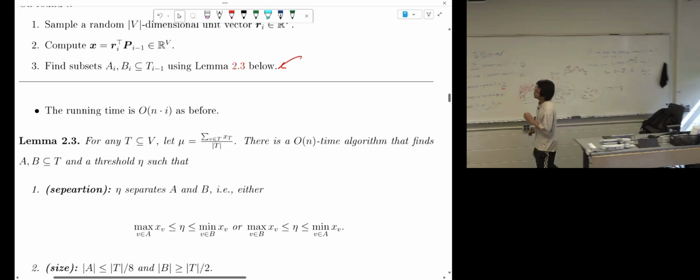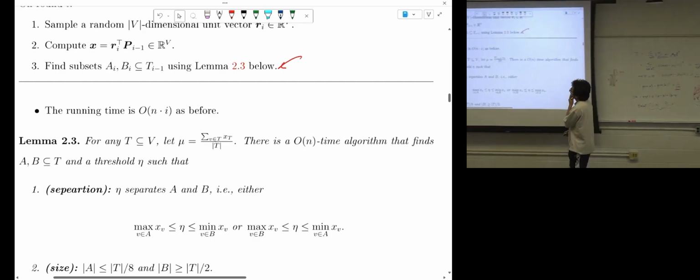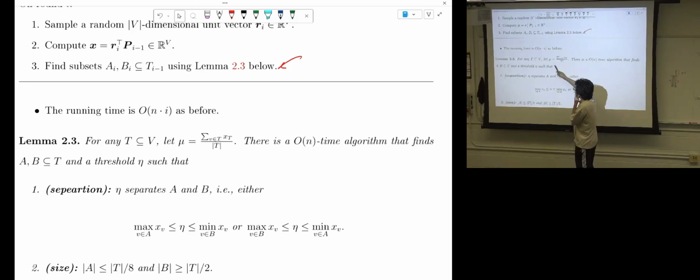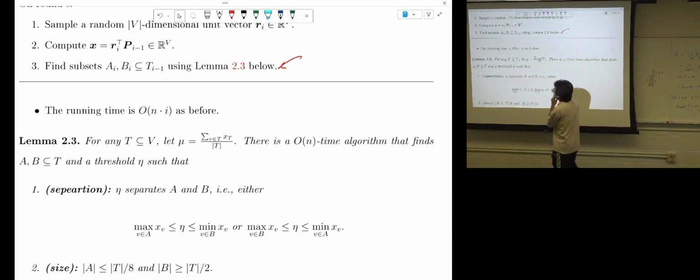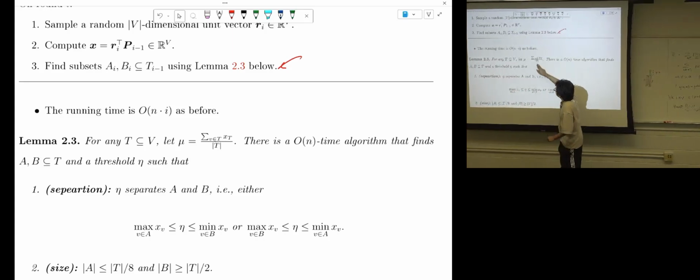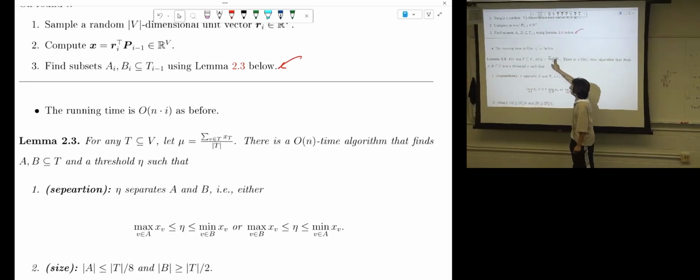Given any set T, let's say the average of T is mu. Sorry, this is the average of T on the projected position.